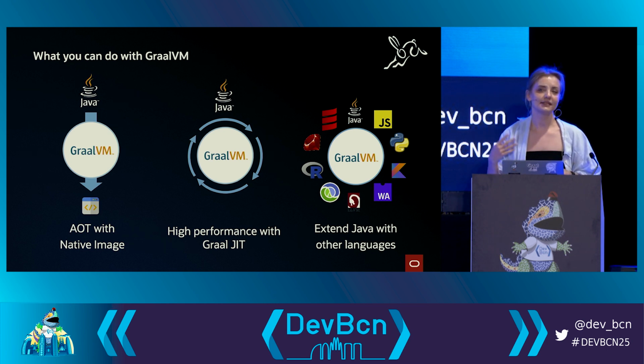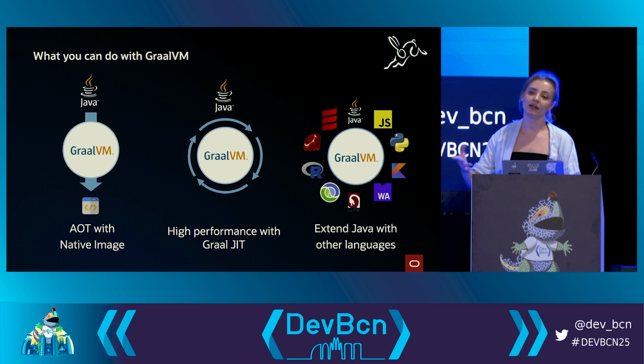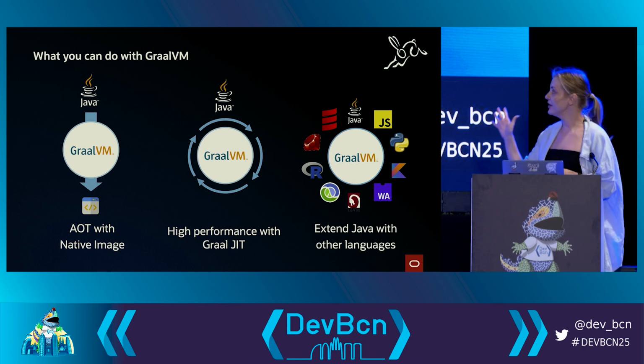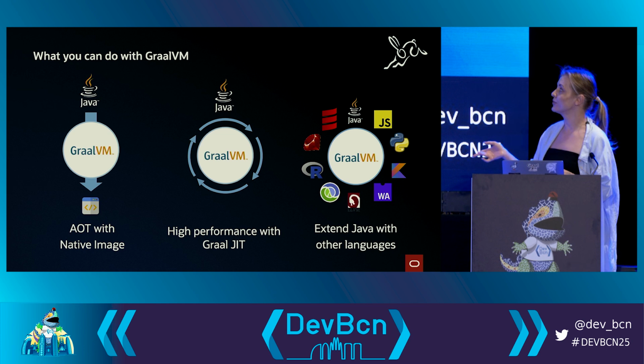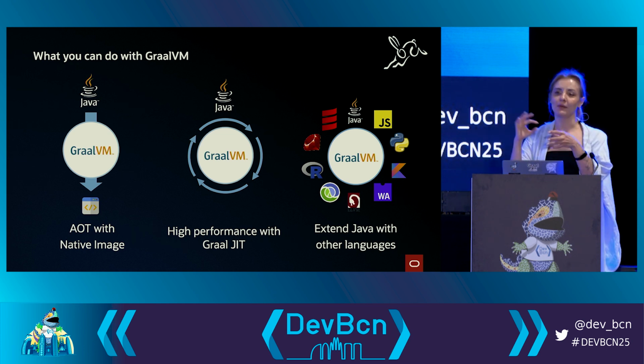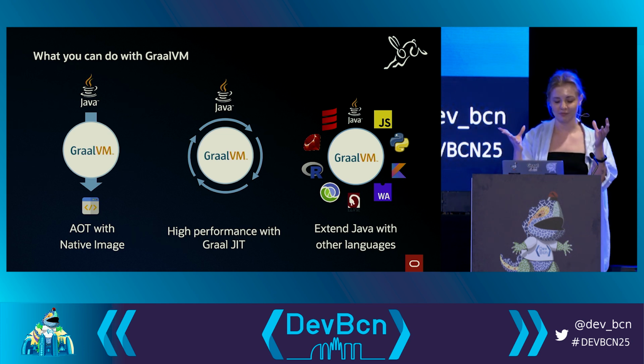Also, it has this pretty brand new and groundbreaking ahead-of-time capability, where you can compile the application ahead of time into a native executable, and then you can deploy it and run it on a machine that doesn't have Java, but it will just run as a native program. So you still write it in Java, but at runtime, it runs as a native application. And then last part here is that you can also use all those other languages on GraalVM, either to run each one of those or combine them all in one big polyglot program.